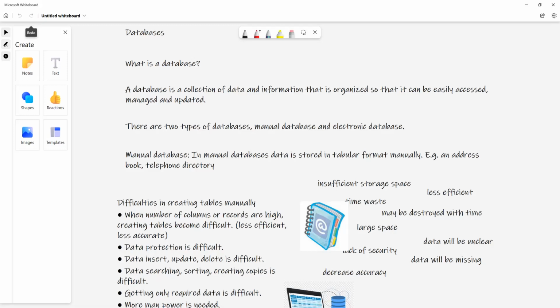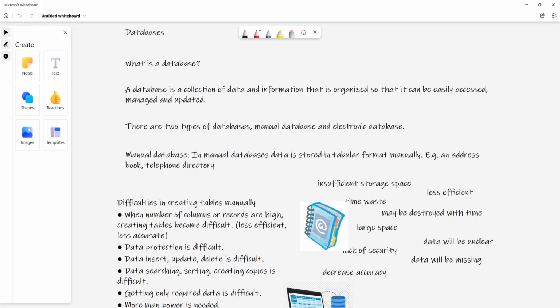Then we discussed there are two kinds of databases. A database can be manual or electronic. Manual means usually, yes, we keep our data and information in books, files, and so on.